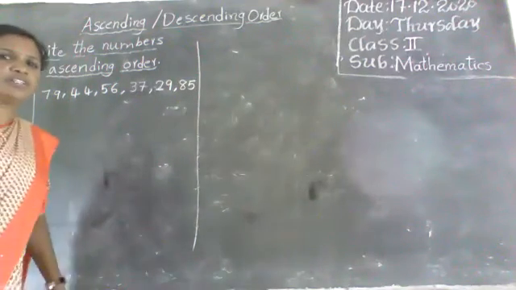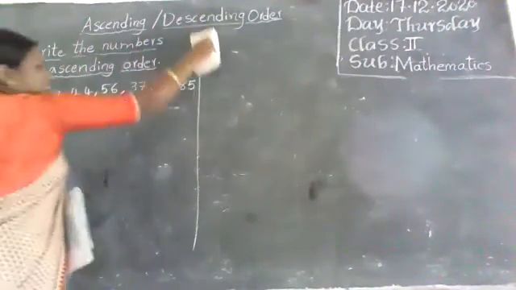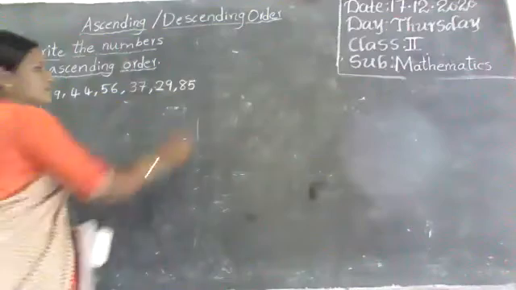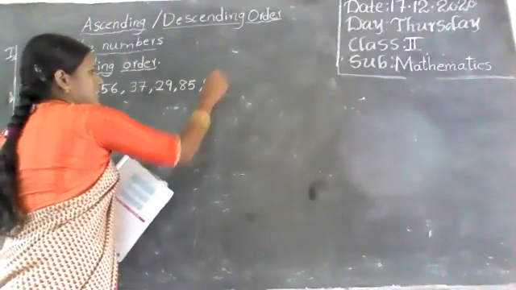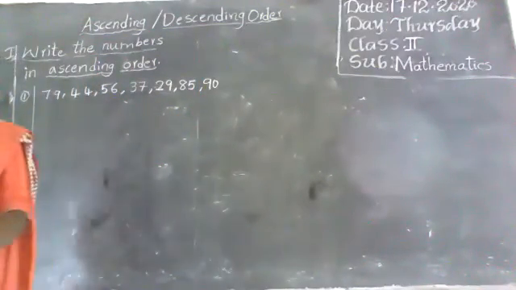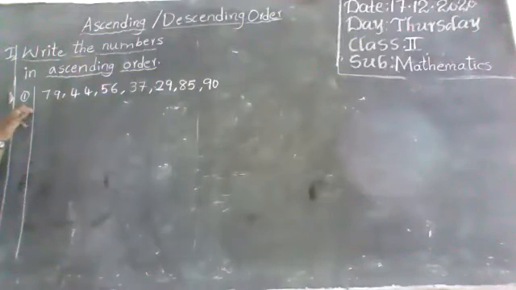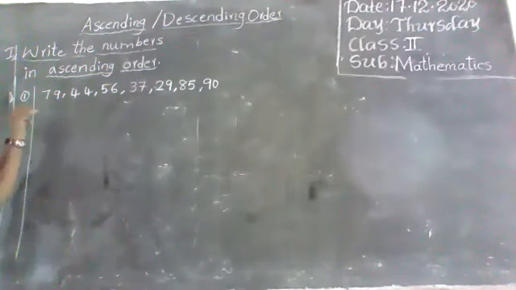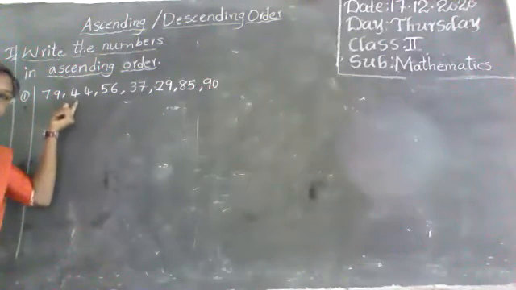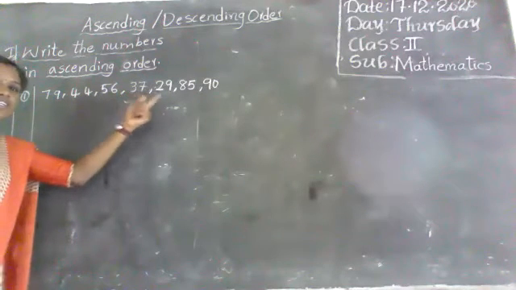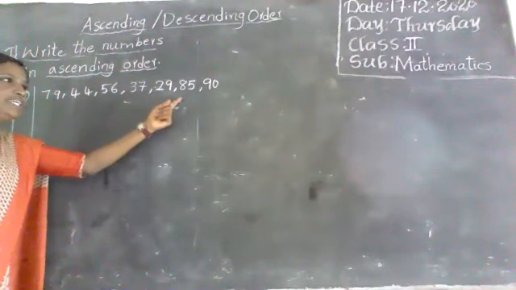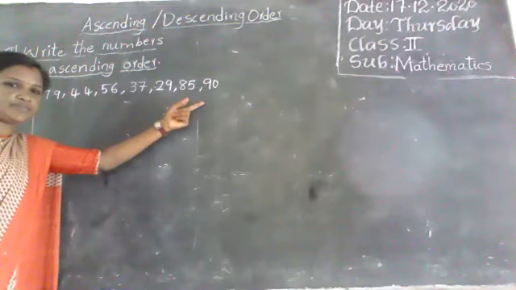First look at the board. Don't write anything, just look at the board. What are the numbers here? 79, 44, 56, 37, 29, 85, 90.